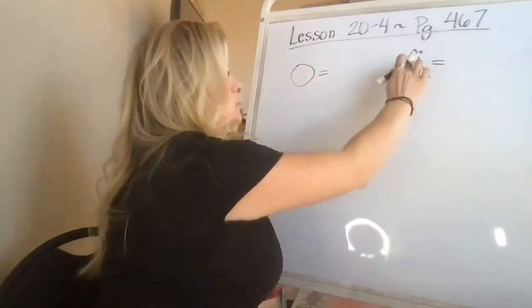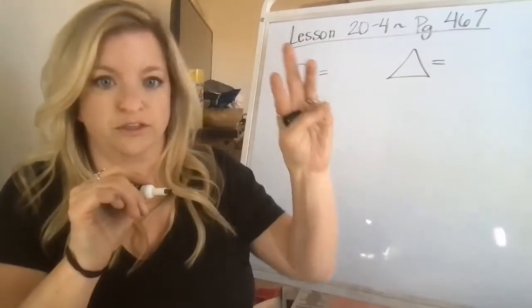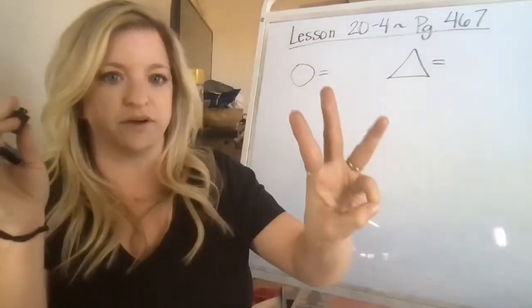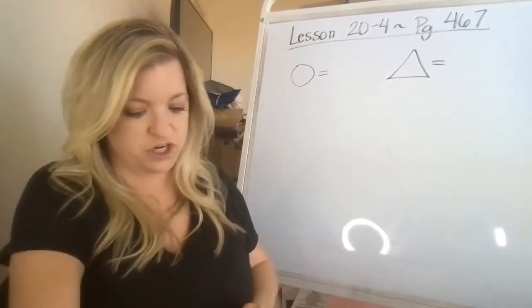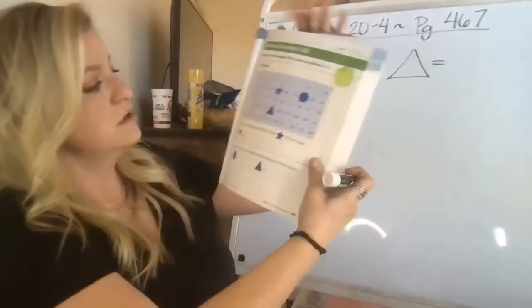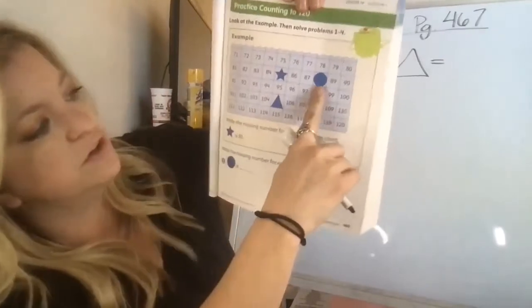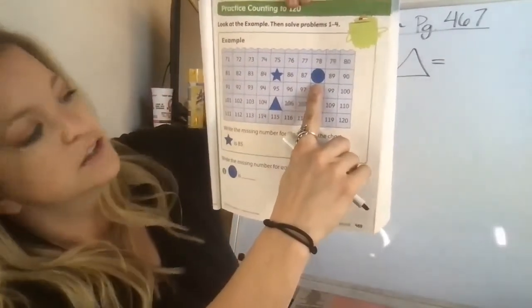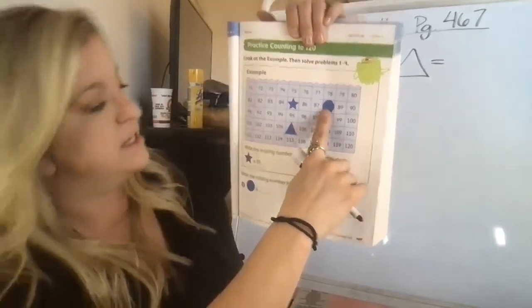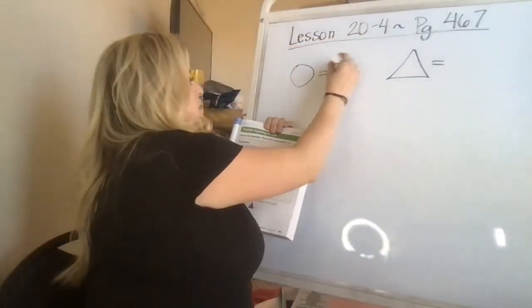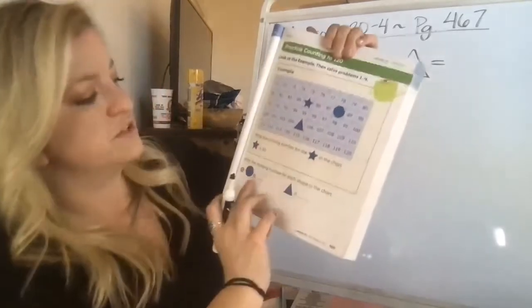Triangle means 3 points. Tri means 3. Okay, write the missing number for each shape in the chart. So the first one is circle, okay? And the circle is 1 more than 87, 1 less than 89, 87, 88. So the circle is 88.